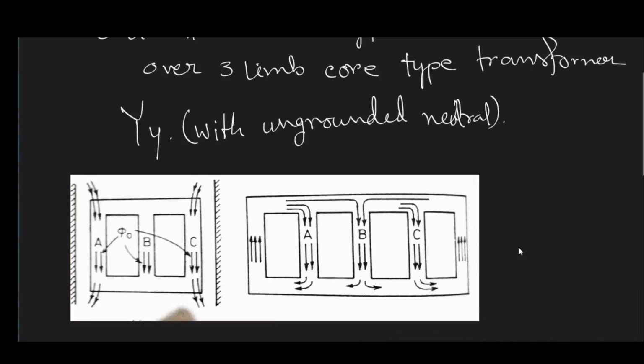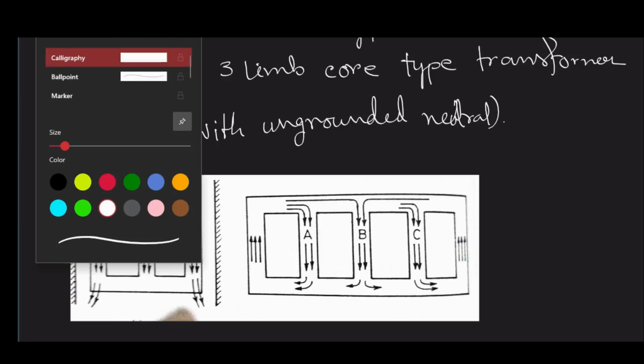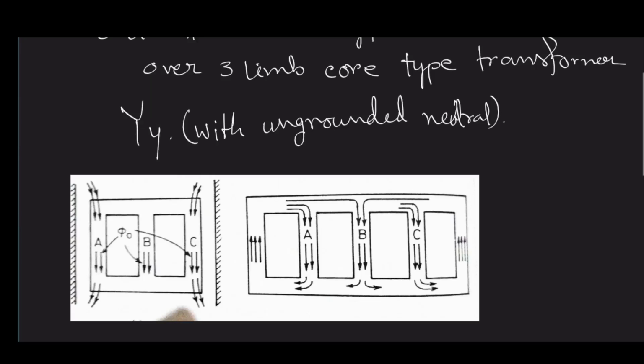So here is the diagram of this transformer. Both are transformers, one with 3-limb and another one with 5-limb. Here in case of 3-limb, you can see that because these three are unidirectional, like A, B and C, all these are producing third harmonic flux, but all three fluxes being unidirectional, they are not getting any path.